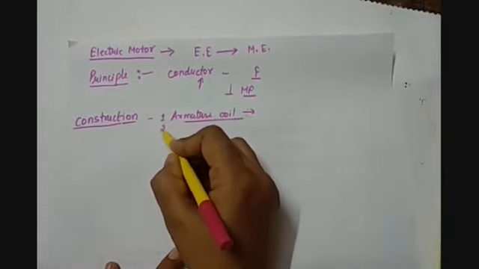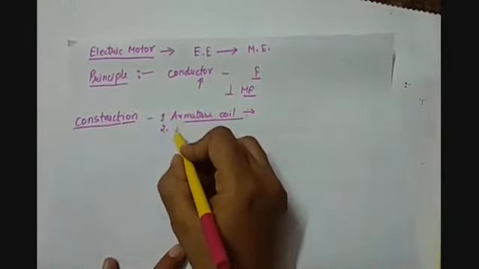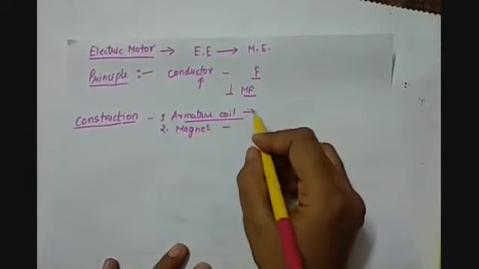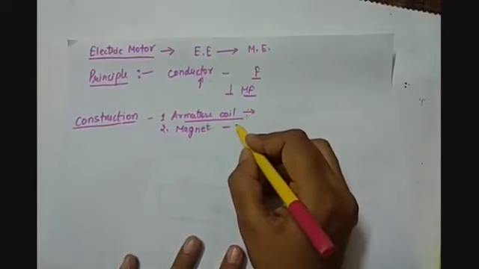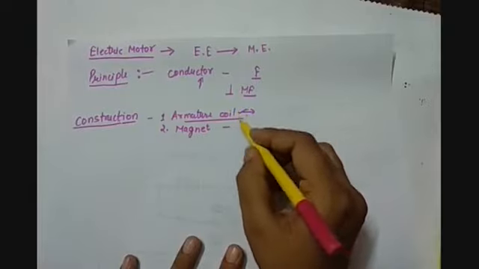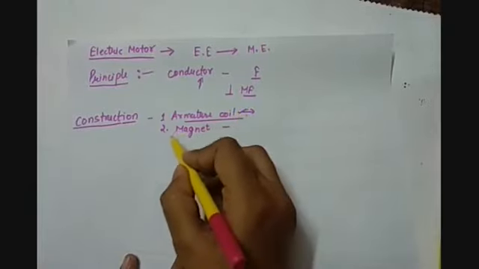The second thing is the magnets. Strong magnets we require, or you can say permanent magnet, that should produce enough magnetic field so that it can rotate the armature coil. So we need a magnet.